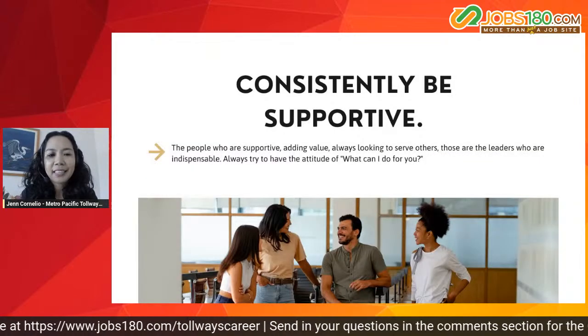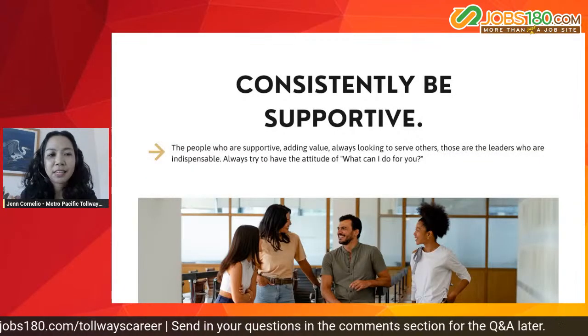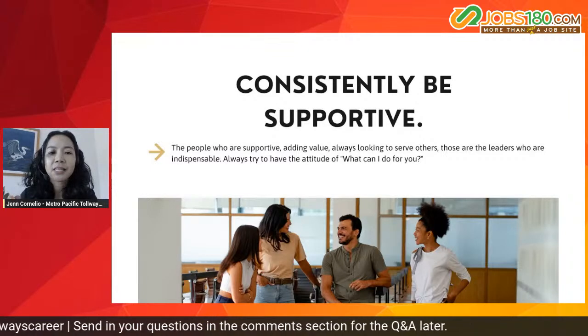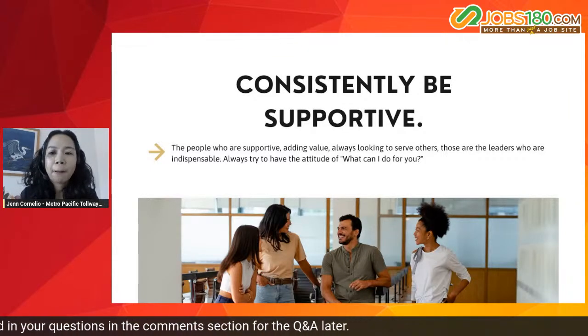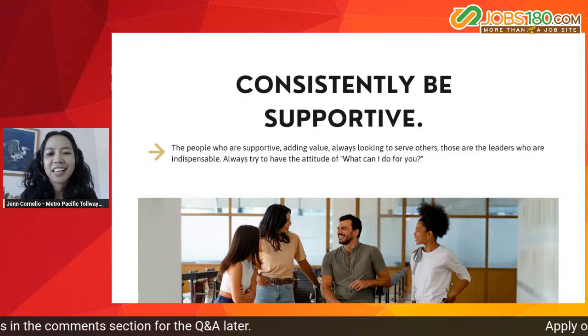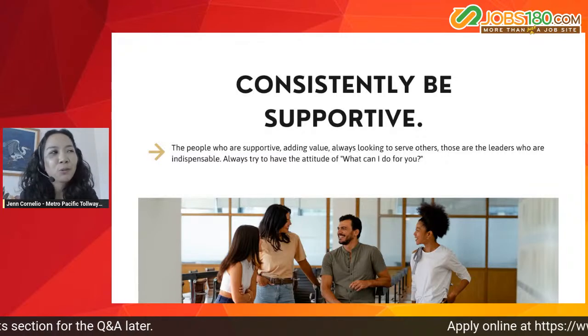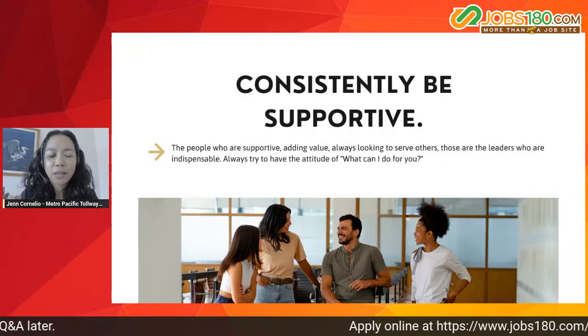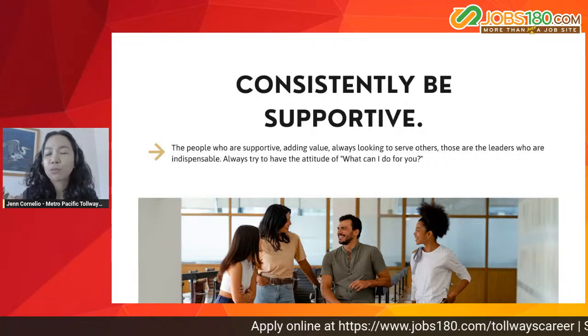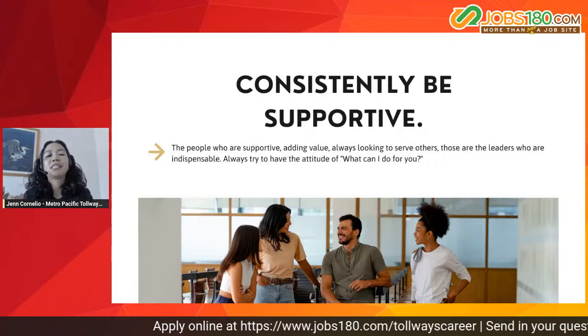The next slide is the number two. These are two of the six tips: consistently be supportive. So, when you're a friend, that's it. The people who are supportive, adding value, and always looking to serve others, those are the leaders who are indispensable.